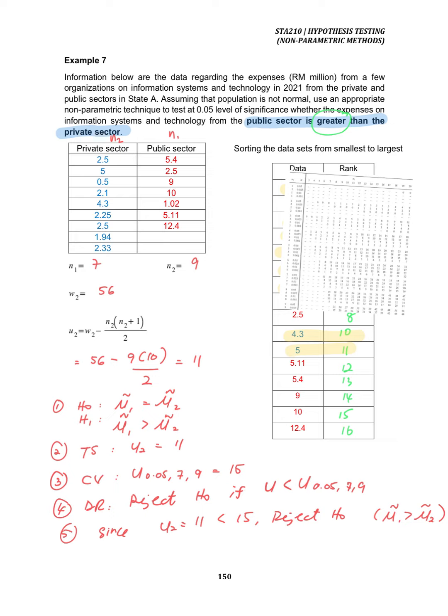Dalam segi ayat awak boleh ambil yang ni: the expenses on information system and technology from the public sector is greater than the private sector since we reject the null hypothesis. This is the conclusion, kalau nak dapat ayat yang lengkap lah.